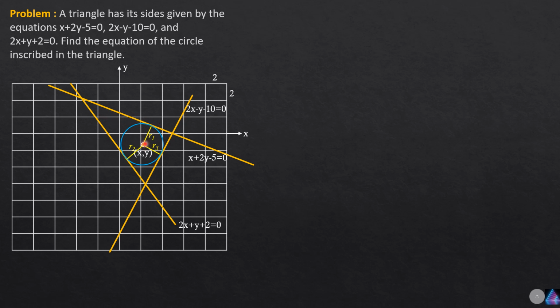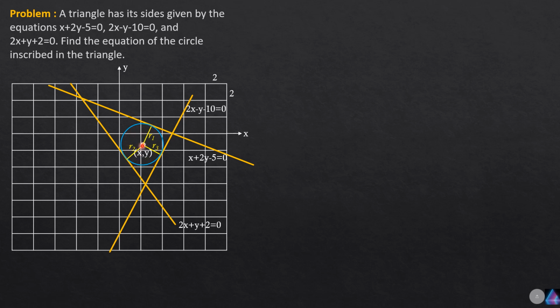In the formula, which is derived in my other playlist, plane analytic geometry 1, you can visit the channel and find the derivation of the distance formula from a point to a line: plus or minus quantity ax1 plus by1 plus c over plus or minus square root of a square plus b square.